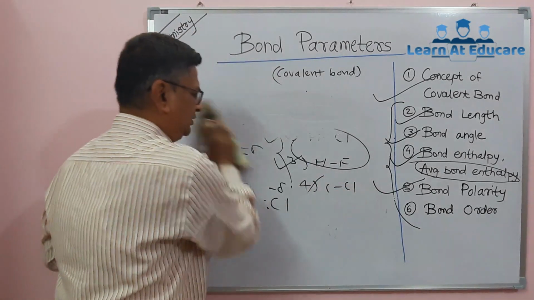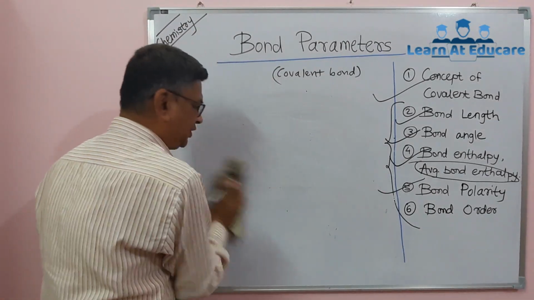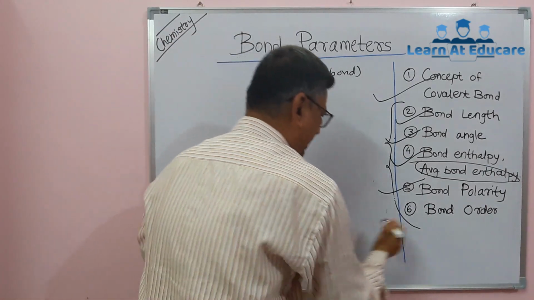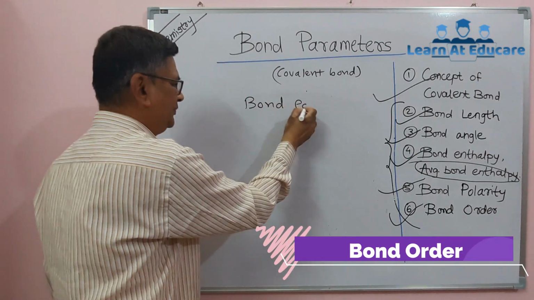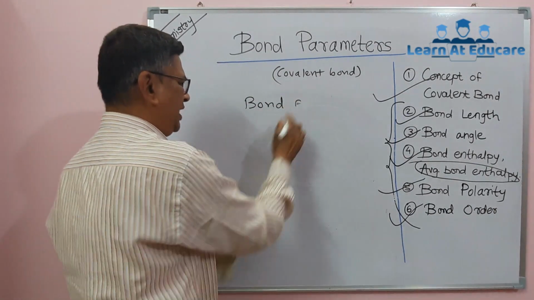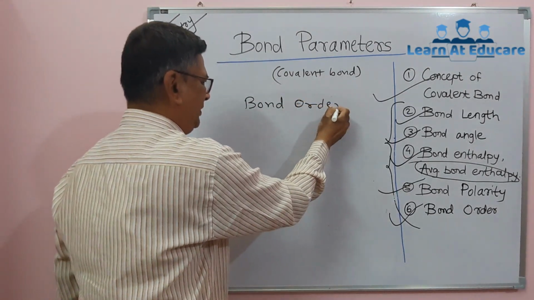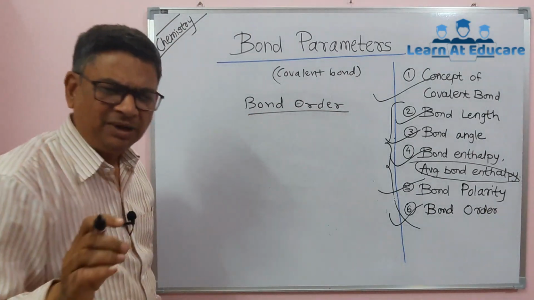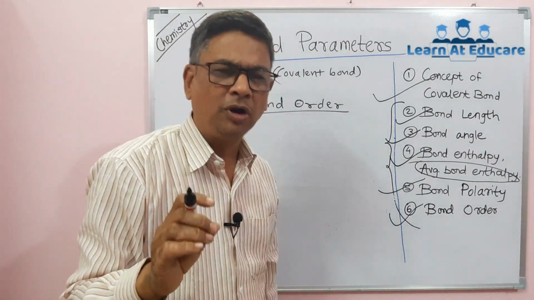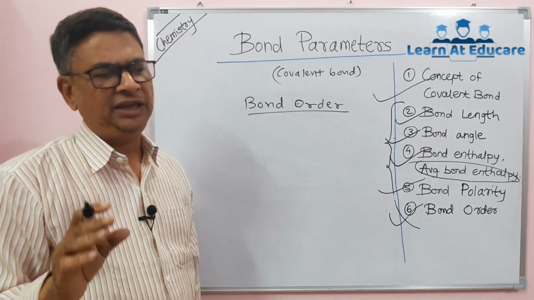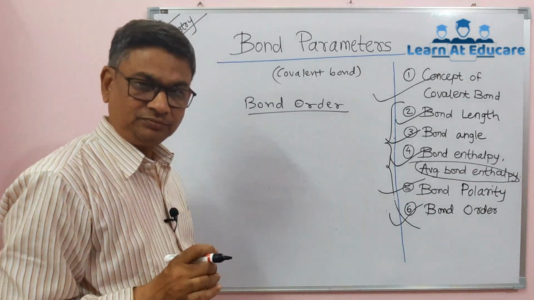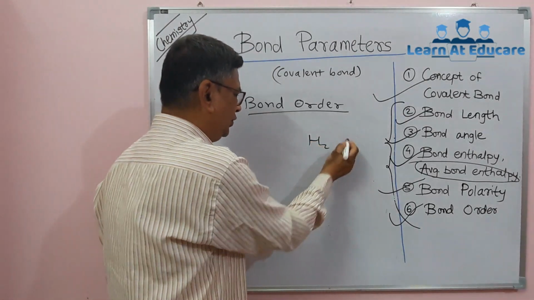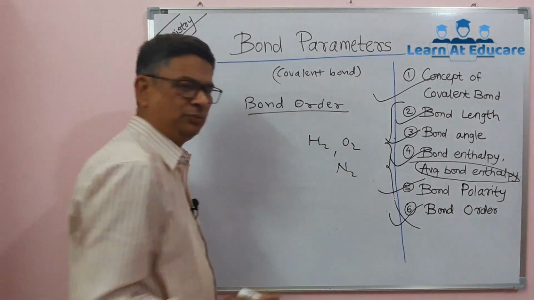Then the last property in today's discussion is called bond order. It is required very few times as compared to the bond parameters we just discussed. Bond order is nothing but the number of covalent bonds between two atoms in that molecule. For example, what is the bond order of the H2 molecule, the O2 molecule, the N2 molecule?